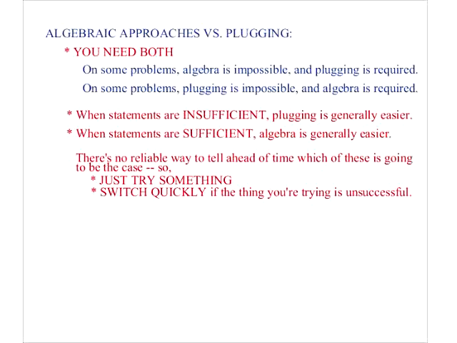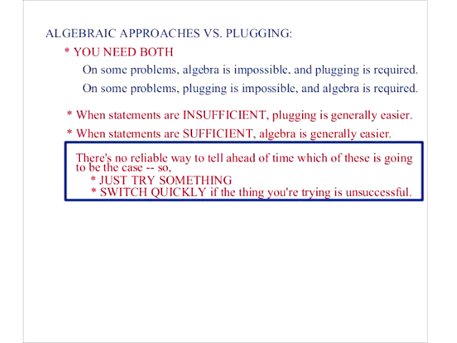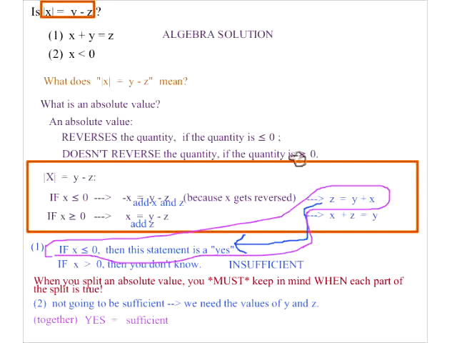Majorly important points. What I mean by this is when statements are insufficient, plugging is easier. Because with algebra, insufficient statements are generally a horrible pain in the neck, because nothing happens at all. You just do a bunch of algebra and nothing much happens.